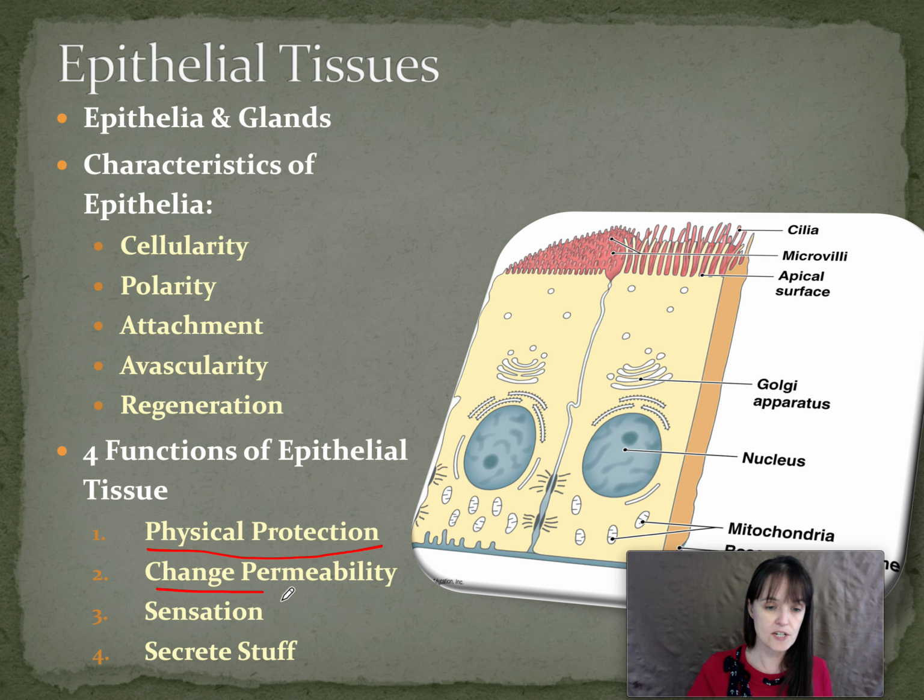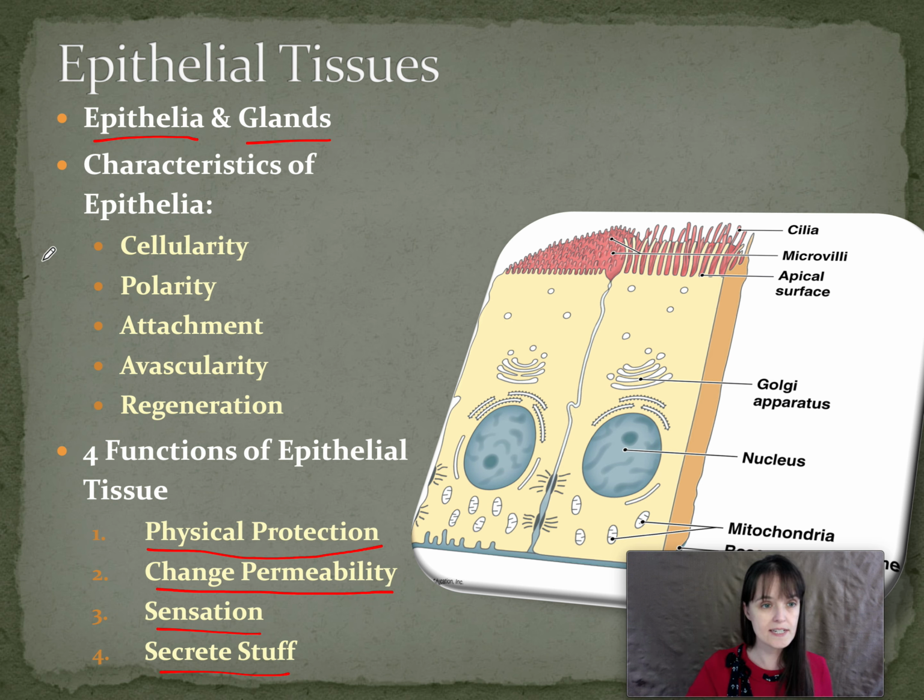And they change the permeability. They allow what gets in and out of the cells. Sensation, there are nerves in your skin. And specialized secretion, they secrete stuff. And this will be the gland part of the epithelial tissue. The epithelial tissue are the epithelia, which are the linings, and the glands, which secrete stuff.